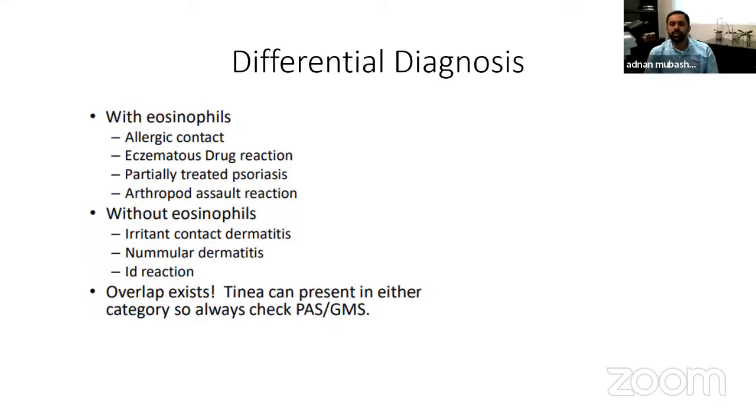And then once you have that histology, what are our differential diagnoses? As I said, once you recognize the pattern, you narrow it down to a few differentials, and then you take the soft clues and the other histological criteria to call it one thing or the other. Most of the time, spongiotic processes are hard to delineate, but if you see eosinophils, your differential diagnosis will be limited to a few entities, including allergic contact dermatitis, eczema, or even partially treated psoriasis, which can sometimes come up with eosinophils and a spongiotic reaction, or arthropod reaction.